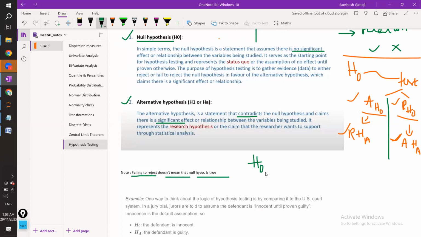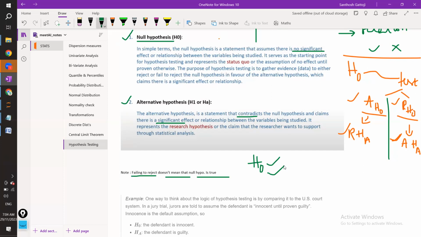If you accept it, whatever it is saying, that's one thing. But if you are failing to reject it, that means I wanted to reject it. How can I reject it? I want to collect sufficient evidence so that I can say, because of this evidence from this data, I'm rejecting you. If I do that, that's fine.